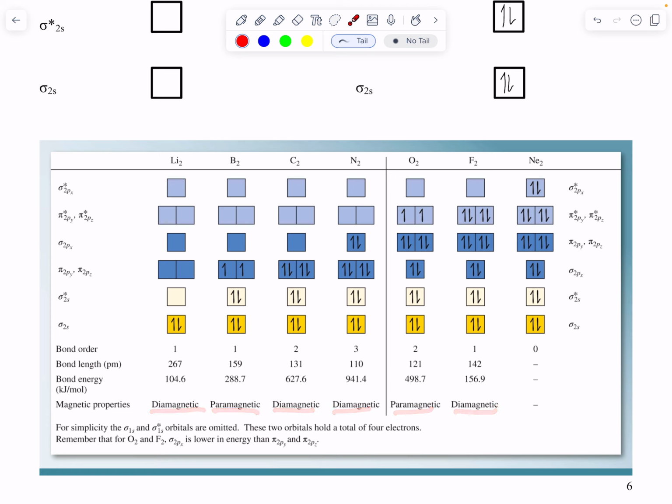And of course, Ne2 doesn't exist. Those are the MO diagrams of lithium through neon in period 2. But that's it. I am not big on this. I am much more in with the hybridization and whatnot, but I wanted to explain it to you just in case.